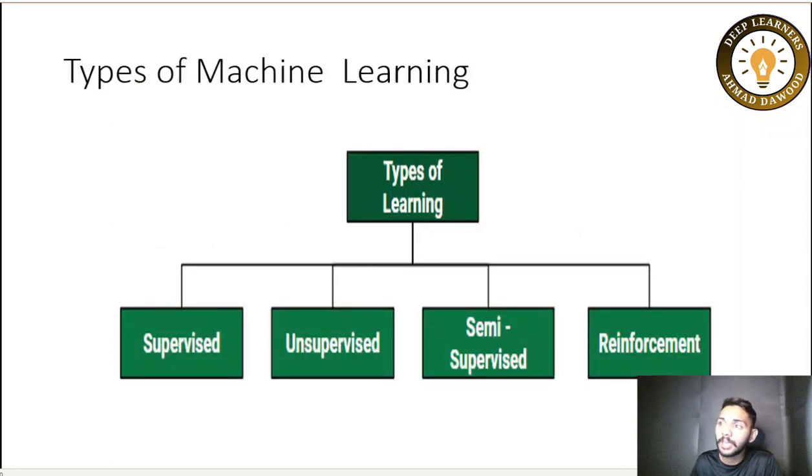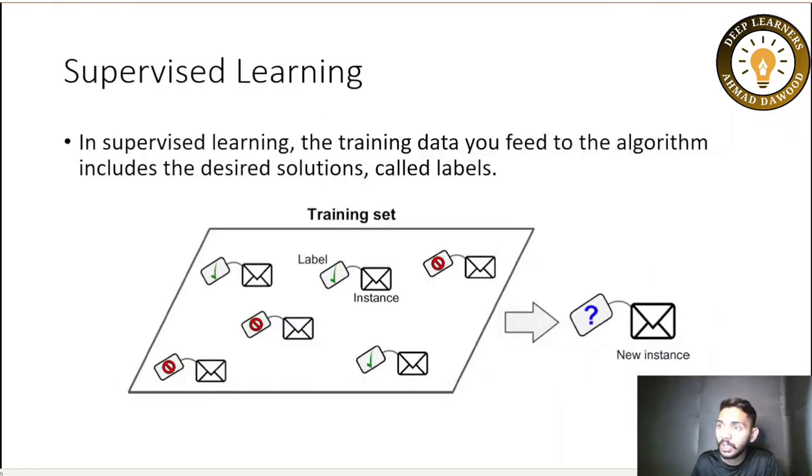So what are the types of machine learning? There are four types: supervised, unsupervised, semi-supervised, and reinforcement. We will explore each one by one. So, supervised learning. From the word supervised, you get an idea that here the learning process is under some supervision. What is the supervision here?